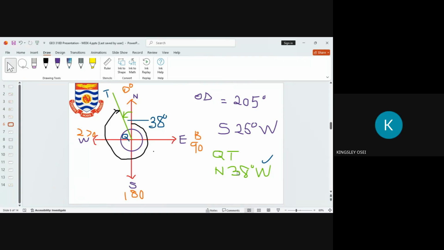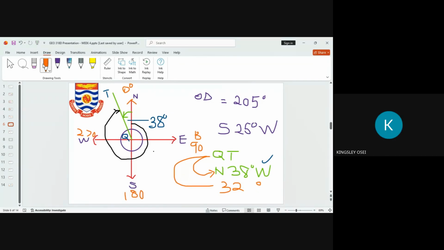322. So QT is north 38 degrees west when you are talking about quadrantal bearing or reduced bearing. But the same QT in whole circle should give us 322, right? 322 rather, not 328.